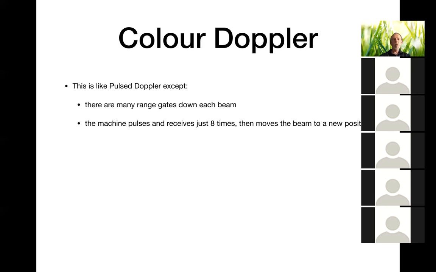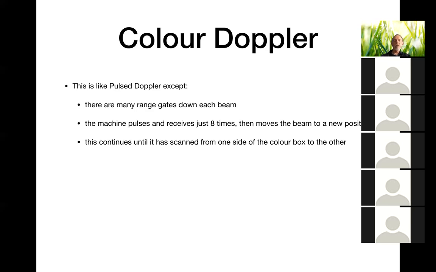So the machine is working with information from 8 transmit pulses in color Doppler. In pulse Doppler, it's using information from 128 transmit pulses. So you can see that the information from pulse Doppler is going to be more accurate, more fine detailed, etc. And the information from color Doppler is going to be less accurate and probably have some limitations.